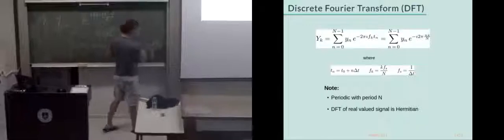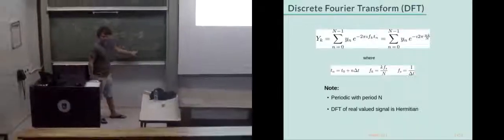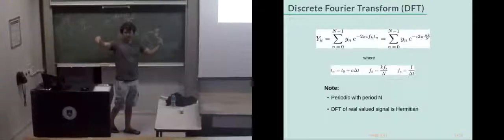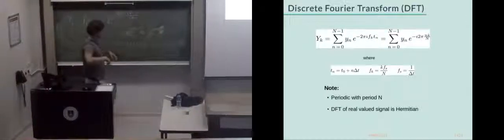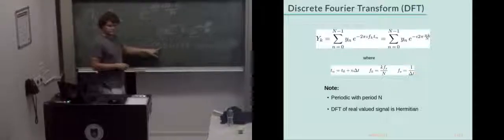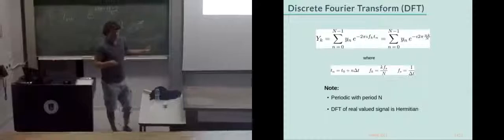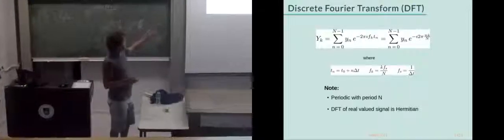What is this for an integer? Well, the sine is 0 for any integer, right? Because sine of 0, sine of 2 pi, sine of 4 pi, it's always 0. And the cosine was 1. So there you go. That's what it means that it's periodic.